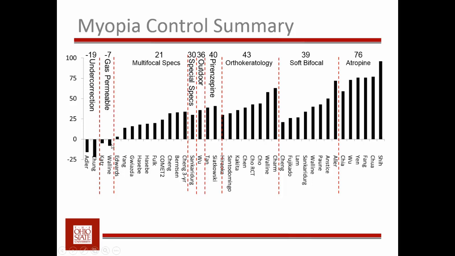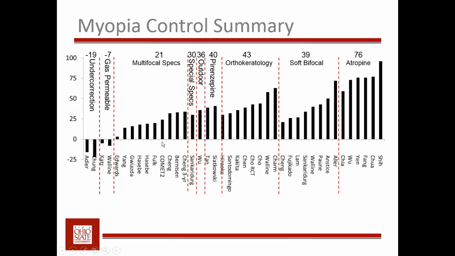And these bars indicate how much myopia progression is slowed, or what percentage it's slowed by. If the bars point down, like they do over on the left, then that treatment actually increased myopia progression. If the bars point up, that means that study found that treatment slowed myopia progression.